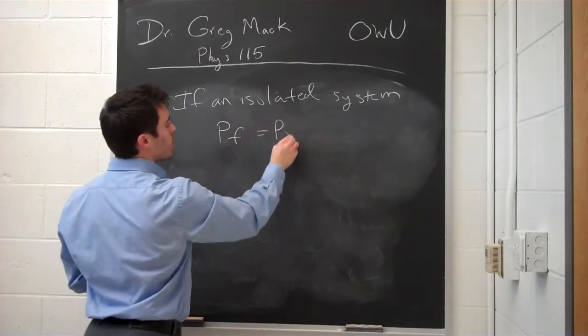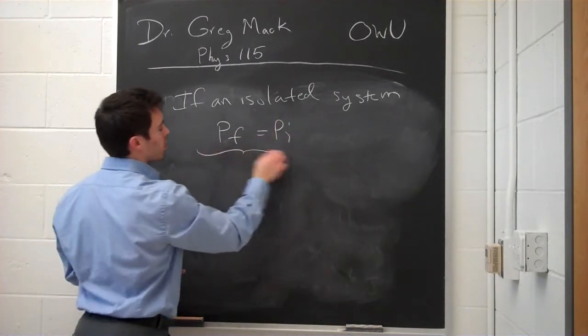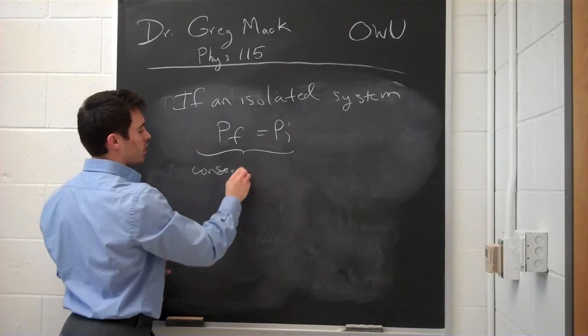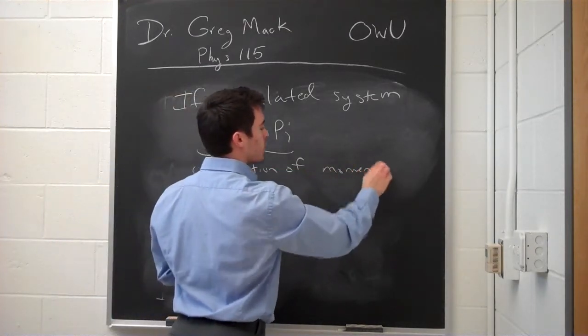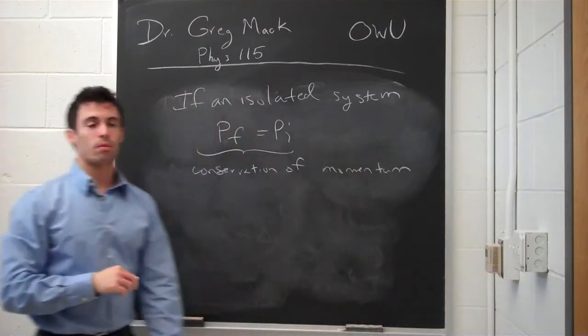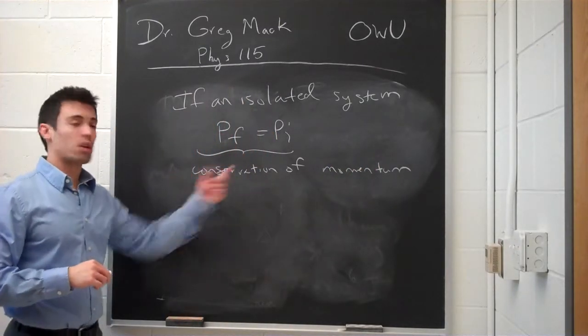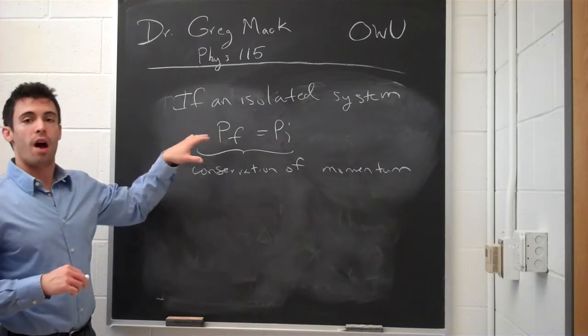Pf is equal to Pi, that being the conservation of momentum. Okay. The momentum before is going to be equal to the momentum afterwards.